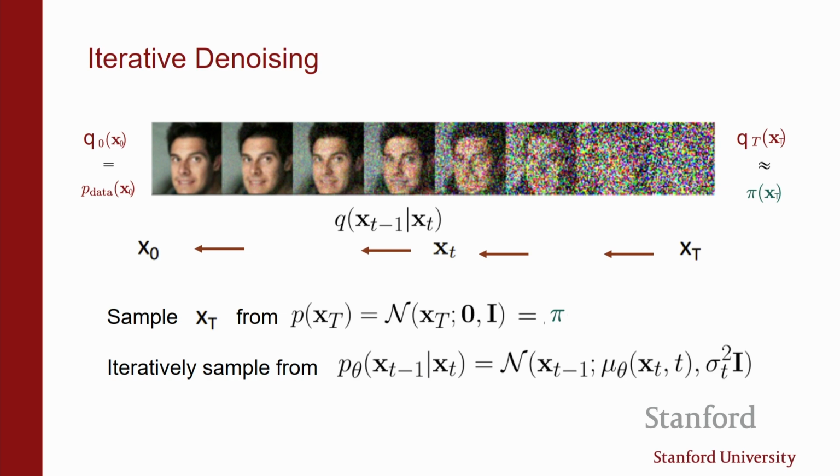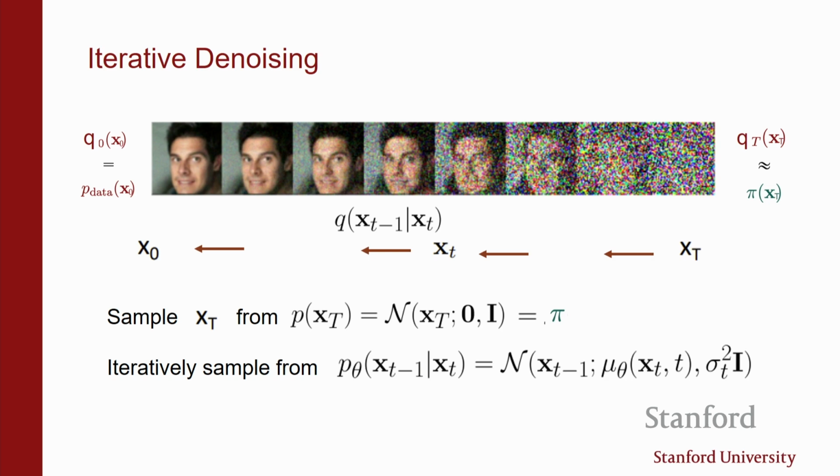Just like in a VAE, the decoder is defined through some sort of neural network. In this case, the probability density over xt minus 1 given xt is a Gaussian. And as usual, the parameters of the Gaussian are computed by some neural network.